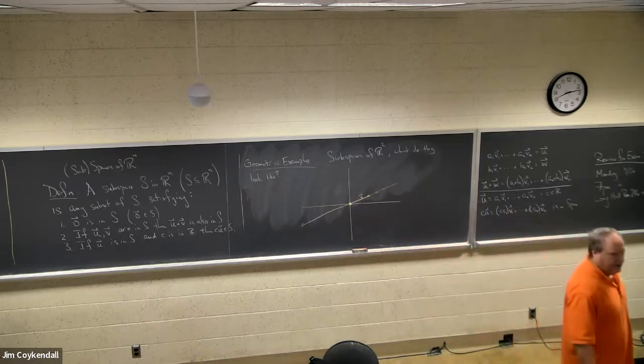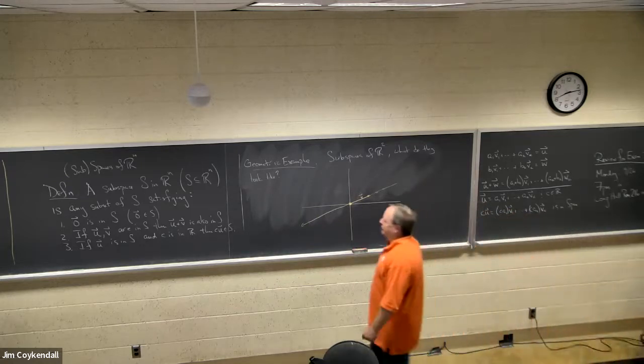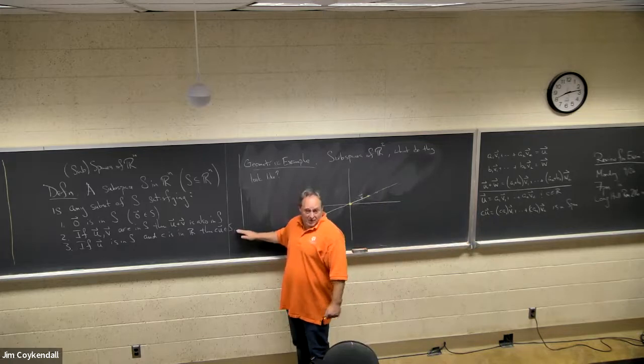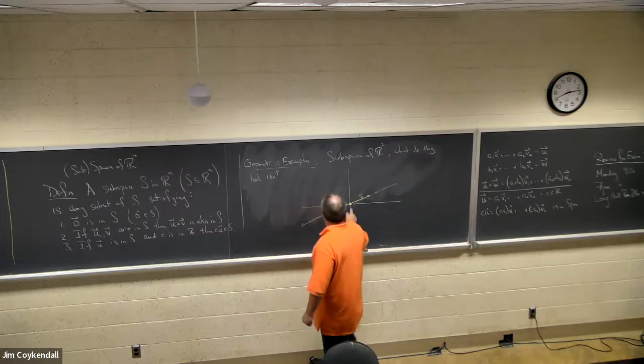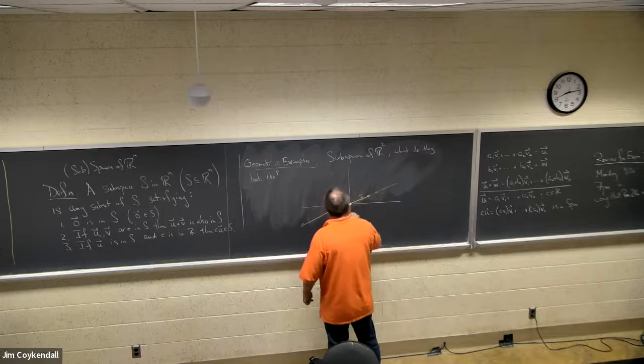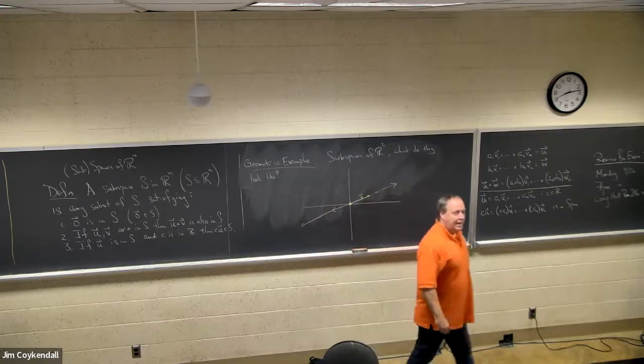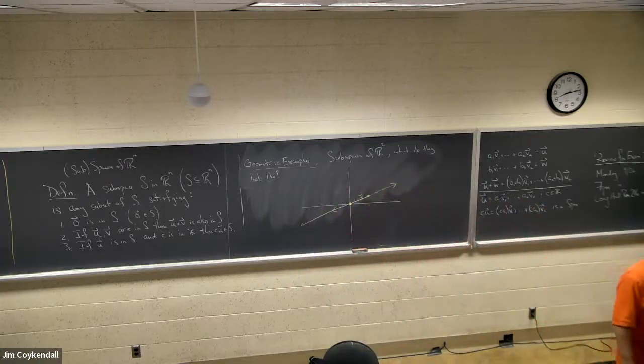And that's just from this third property. What if you have two vectors along this line? What happens when you add them up? Still on the line, isn't it? Would everybody agree that that line is a subspace?